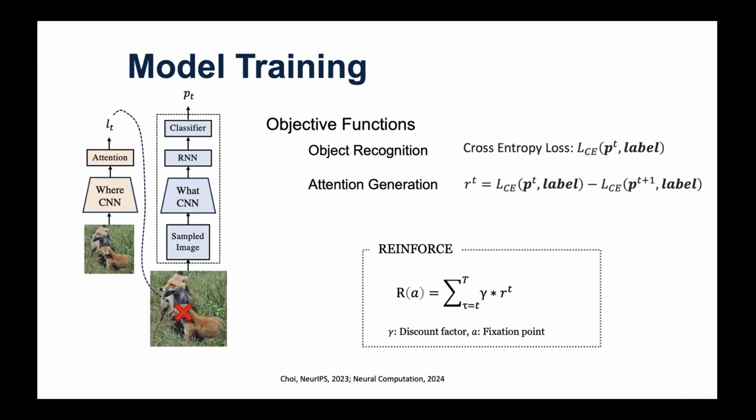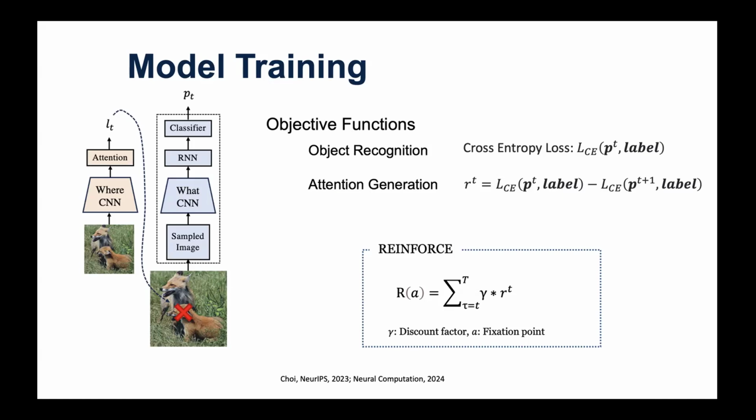Now, how do we train this model? We train this model for object recognition. It's still supervised learning. So how do we make where to look become what we want to optimize? The way we train the fixation is such that we want the two networks combined together to make a correct perceptual decision as fast as possible.